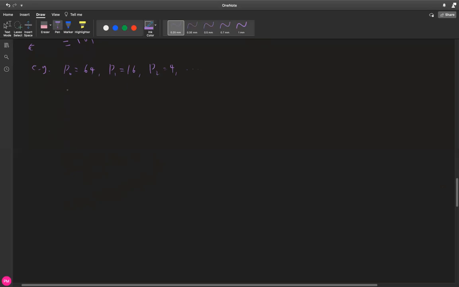So how do you find r? Previously we found that for some r, we know that P sub 1 is defined as r multiplied by P sub 0 because this is a geometric sequence.